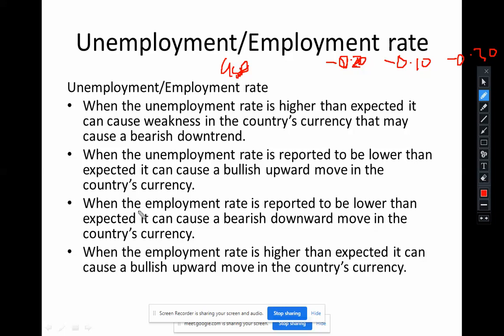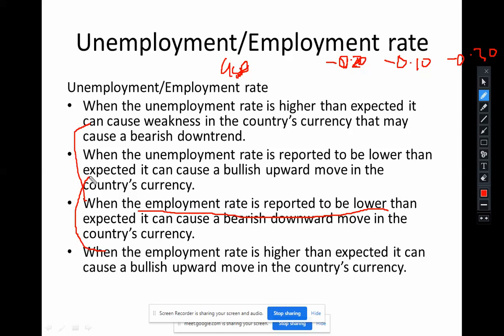An employment rate reported to be lower means the same thing as an unemployment rate reported to be higher, and an employment rate higher is the same thing as an unemployment rate lower.